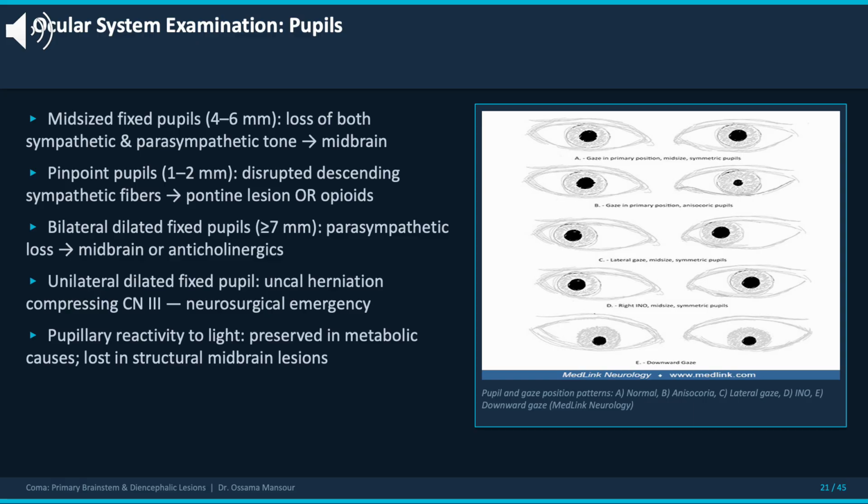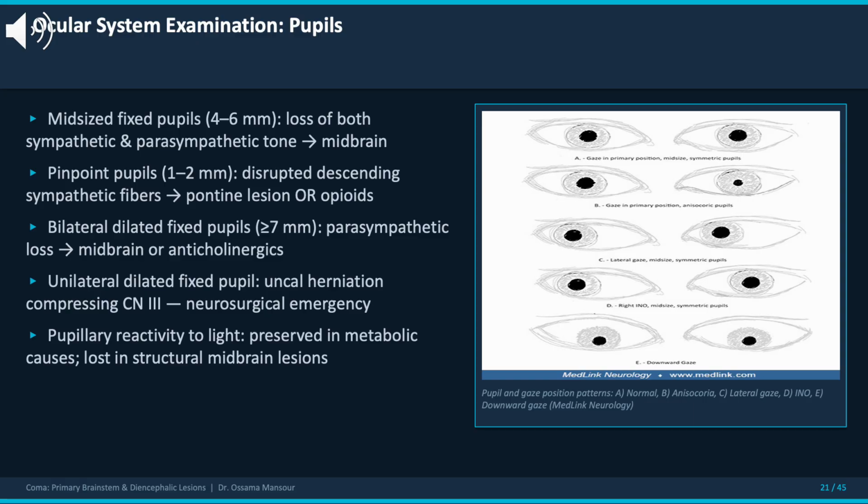Pupillary size and reactivity can inform us about autonomic balance, the interplay between sympathetic and parasympathetic innervation to the iris muscles. Mid-sized pupils, typically around 4 to 6 millimeters, that are completely fixed, indicate loss of both sympathetic and parasympathetic autonomic tone. This finding suggests severe midbrain dysfunction.